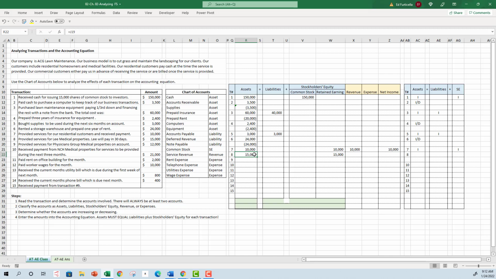And again, like our last explanation, retained earnings is increasing because revenue causes retained earnings to increase. Revenue contributes to the net income of the company, and ultimately affects retained earnings. So overall, our assets have increased and our stockholders' equity have increased.